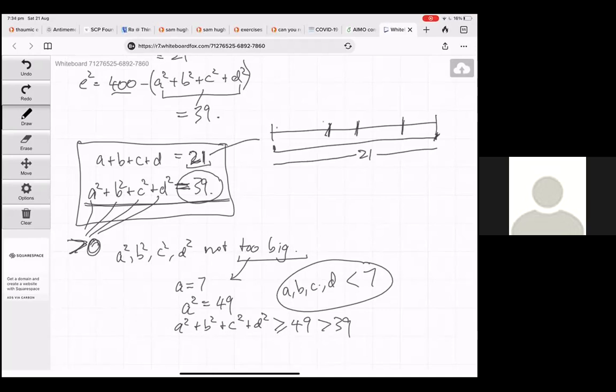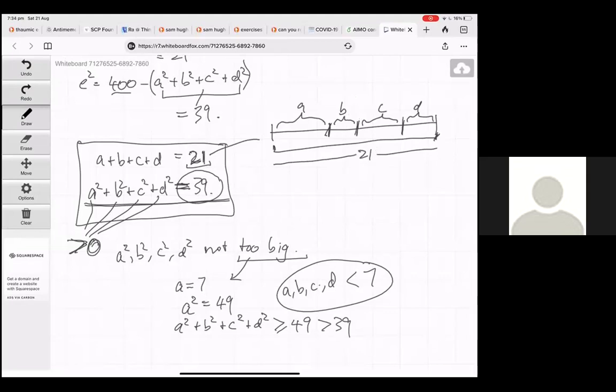So if this is the length of A, this is the length of B, this is C, this is D. So it's clear that if we make one of the components smaller, then the rest have to expand to cover that in order to make the sum still equal to 21.